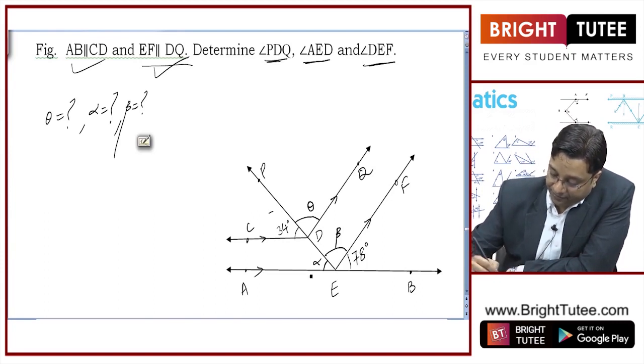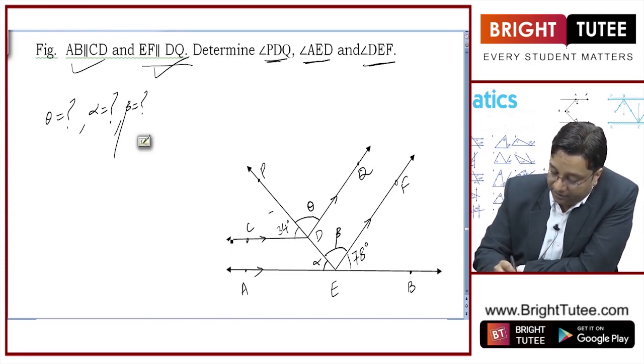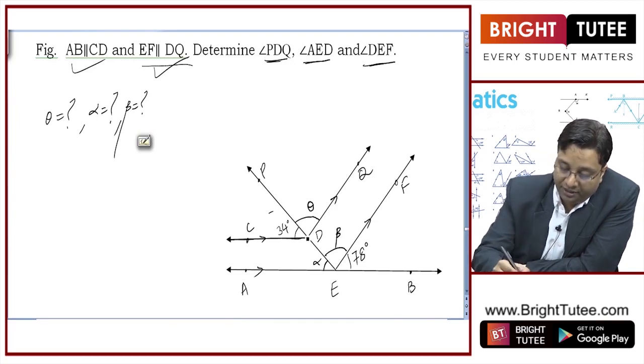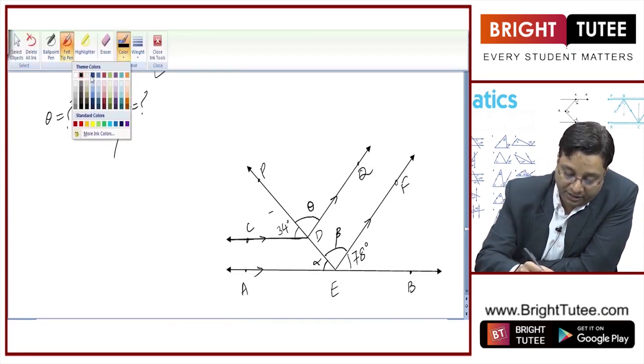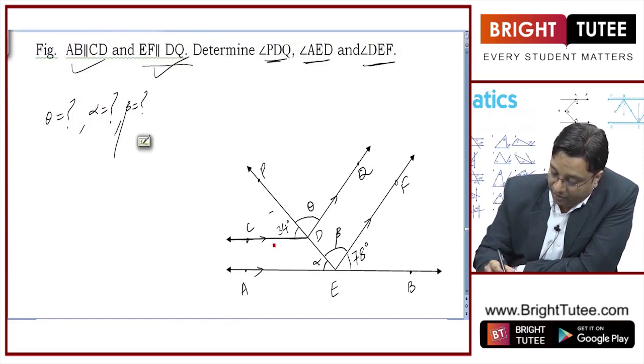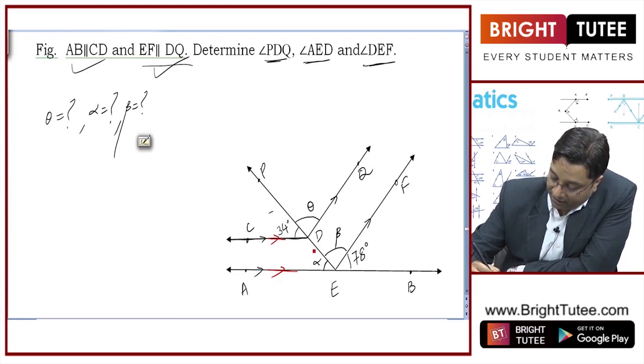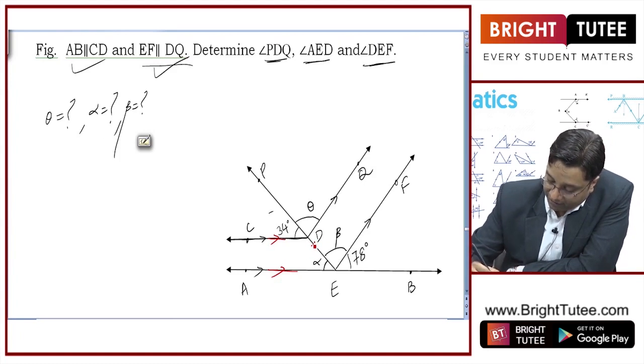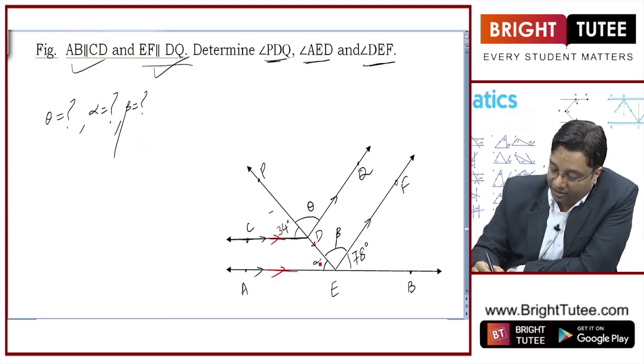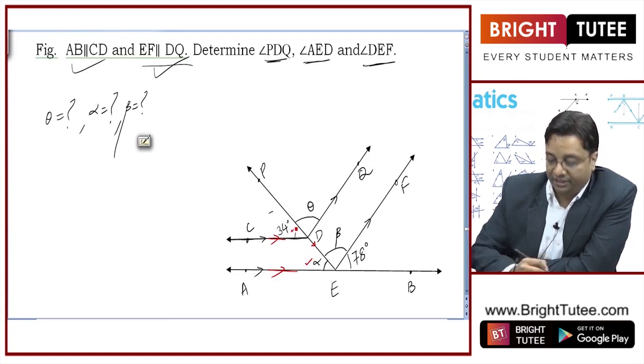Okay. Now look at these two lines. Let me take another color so that you can see clearly. Look at this line here, this one and this one. These two are parallel lines, and this is acting as transversal here, right? So this angle is equal to this angle. Why?